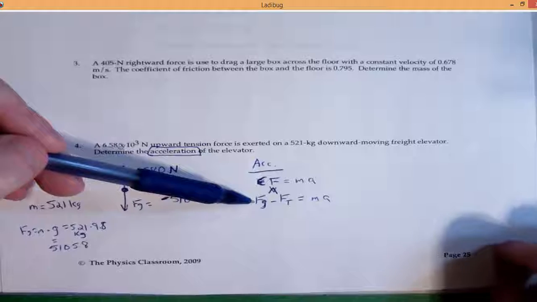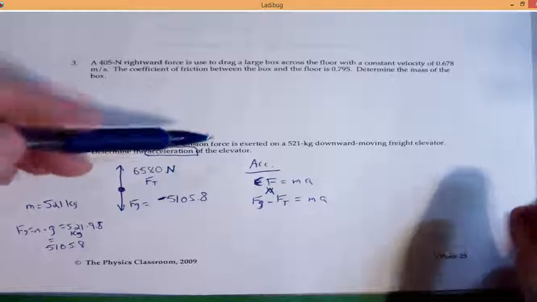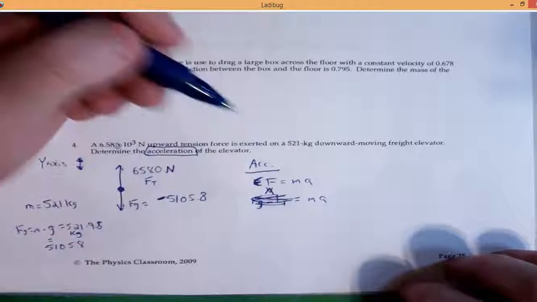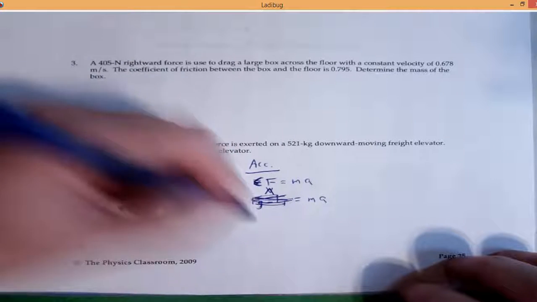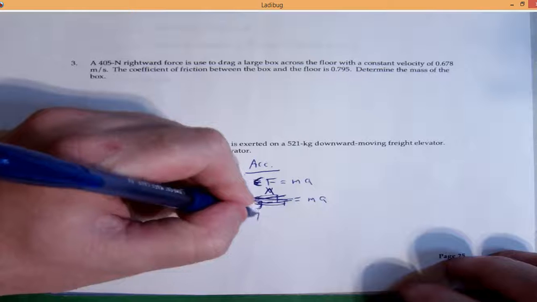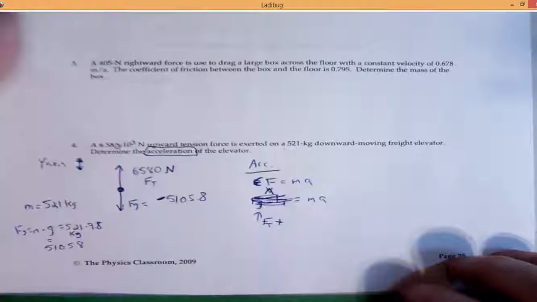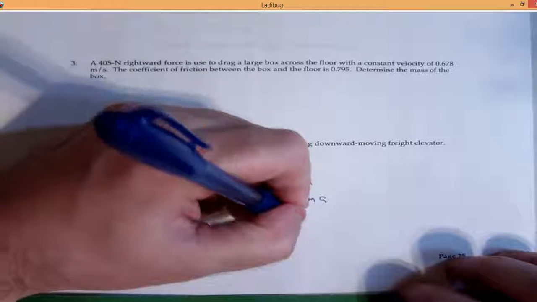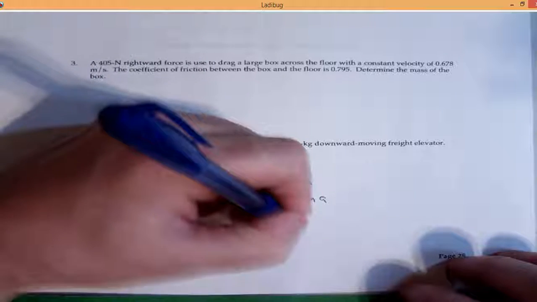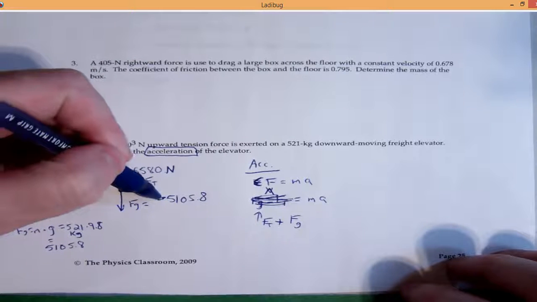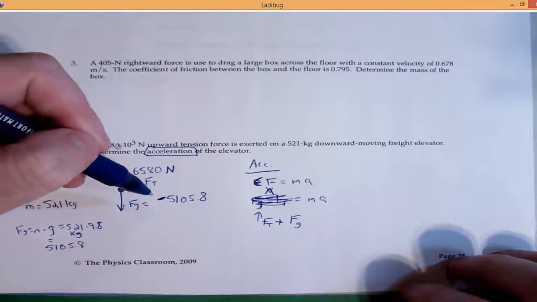I'm looking at a general formula, but think about it like this. Let's think about our net force like this, okay? Our one direction force, in other words, our tension force, and we're going to add that to our other force, our opposite force, the force of gravity. Okay? So, in this case, we're using negative for the force of gravity because it represents downward.